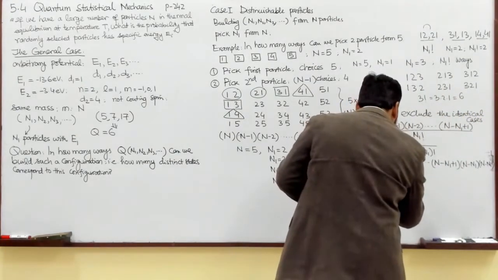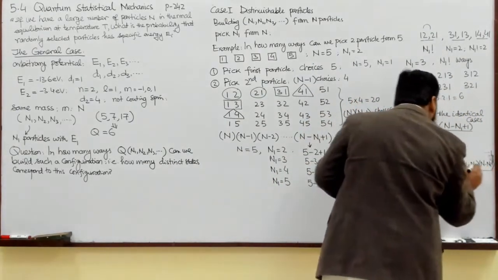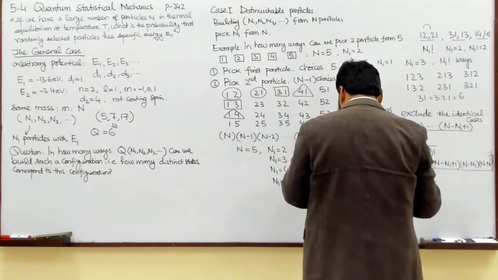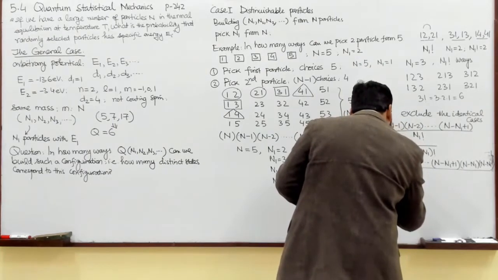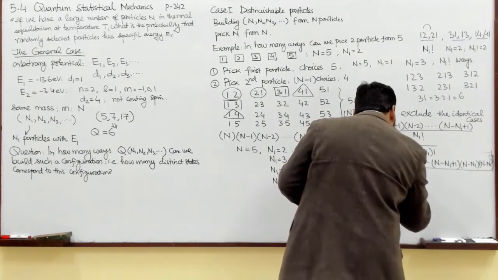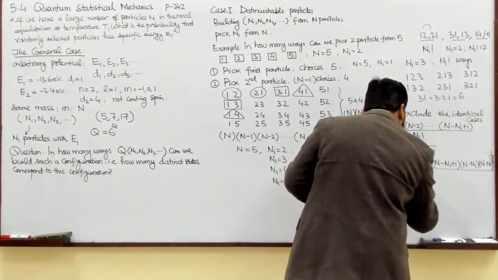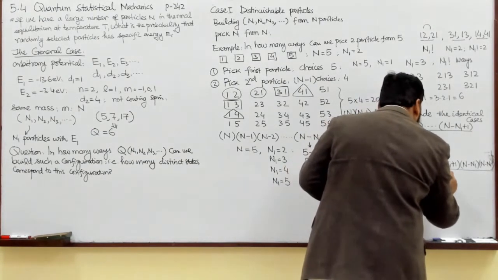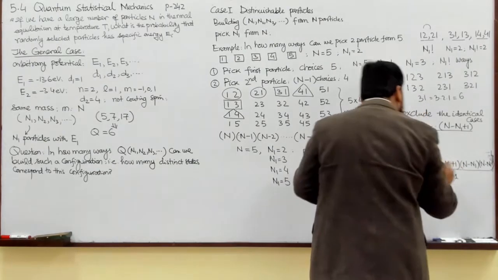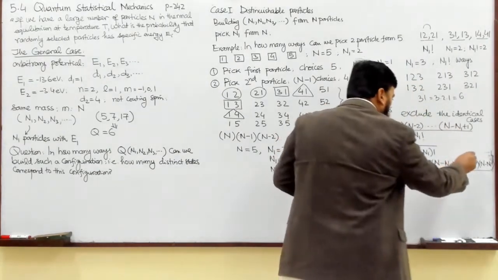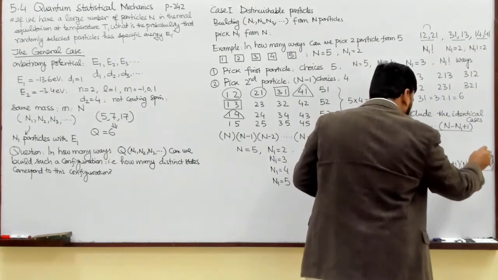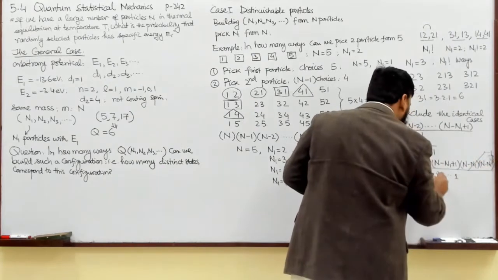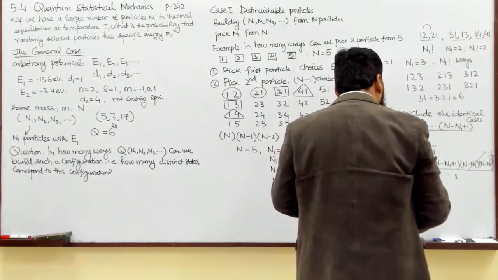This whole divided by this one, n minus n1 whole factorial, I can write as n minus n1 into n minus n1 minus 1 and so on, and it will reach 1. So this one is cancelling with this. This whole is going to 1 and this whole is going to 1.